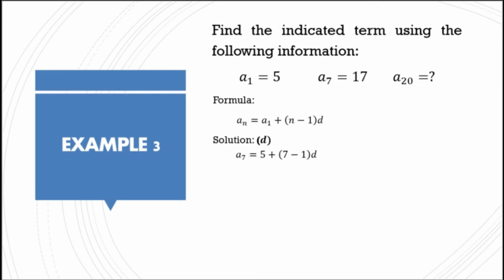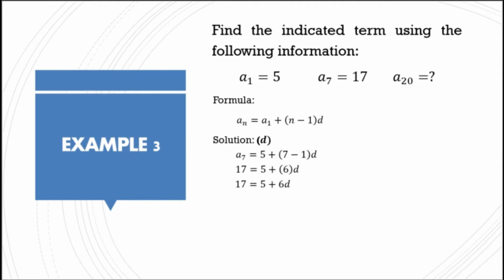So we have the value of a sub n, which is a sub 7, equals the value of a sub 1, which is 5, plus the value of n, which is 7, minus 1 multiplied to d. A sub 7 is given, which is 17, equals 5 plus 7 minus 1, which is 6, multiplied to d.